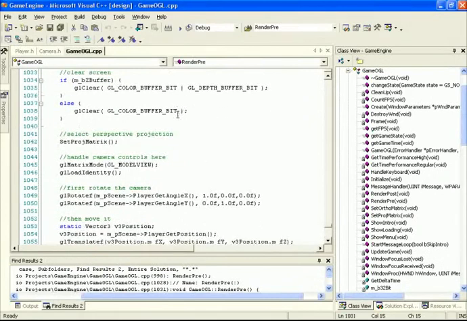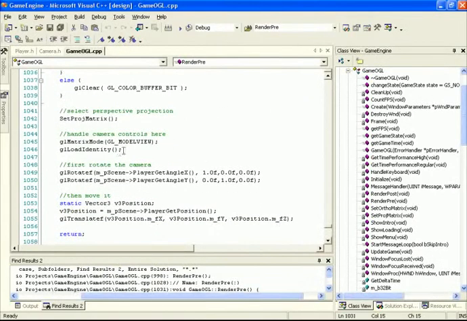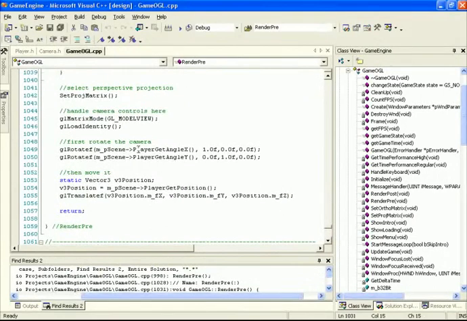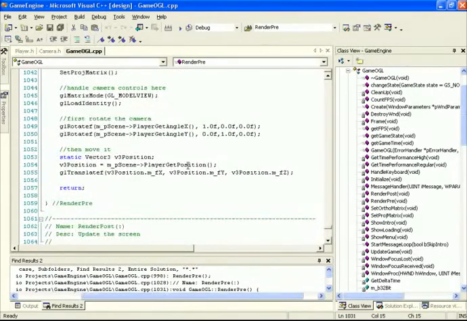But anyway, in here you see we set up our perspective matrix, we have model view matrix set up to be identity, and then here this is where we're initializing the direction of which the camera is pointing. It's based on the rotation angles that the player is currently looking in, as well as the position of the player.